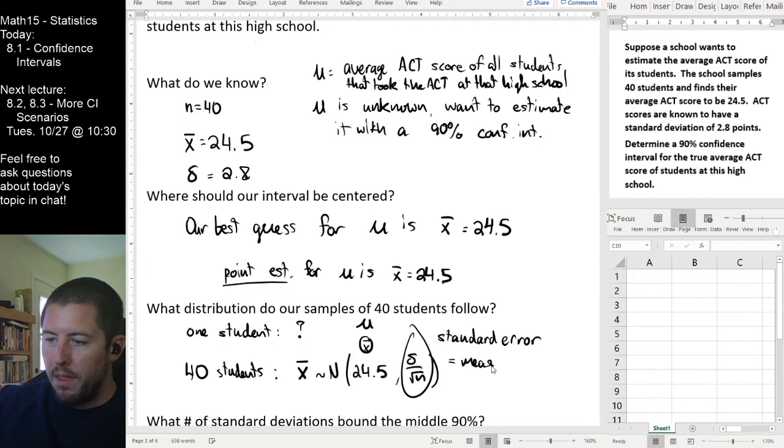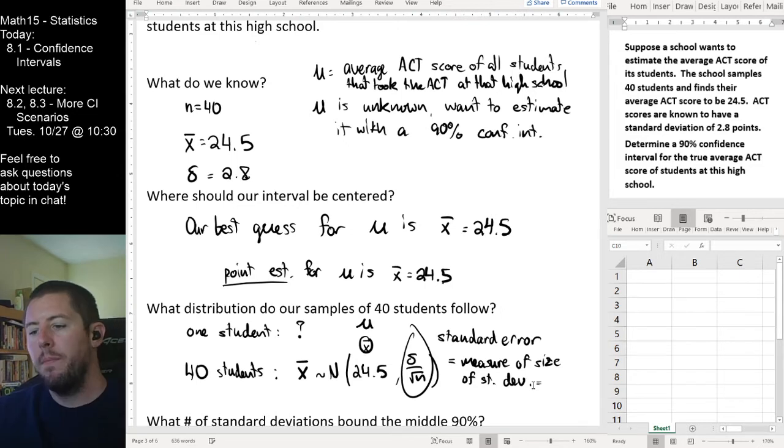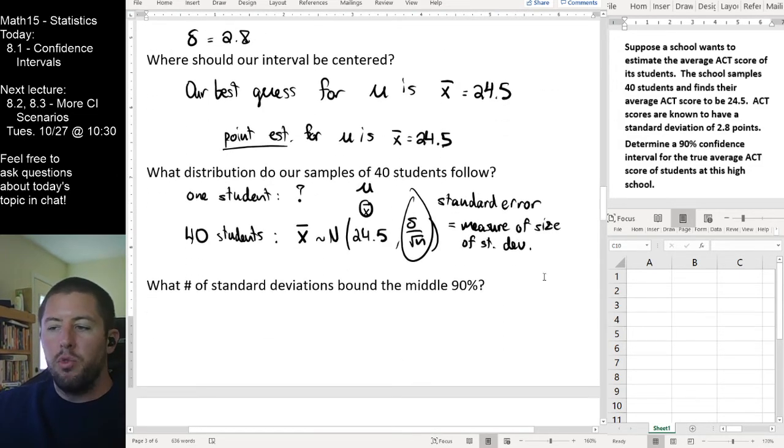Remember that this is our measure of distance, or let me say that as size. So that's going to be a term that's really of interest to us, that sigma over root n. Remember that that is the measure of the size of a standard deviation.